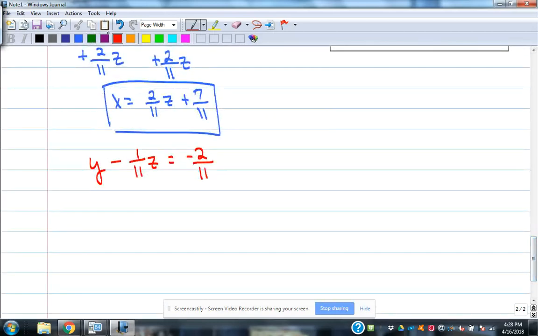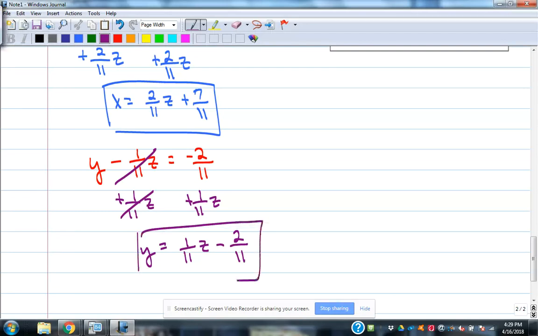Yeah, just one move, just add 1 over 11z to both sides. There's y by itself. So, yeah, it's not real pretty, but it's really not that hard to do to get it in terms of z. A little bit more difficult if I ask for you in terms of x. I'm not going to do that. Okay, I'm not that cruel to you.